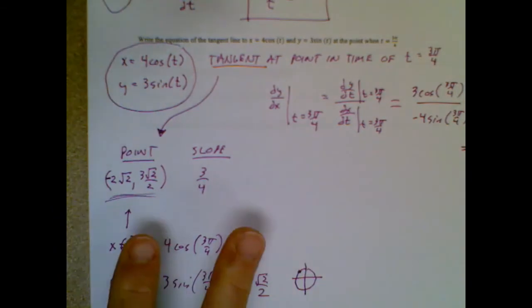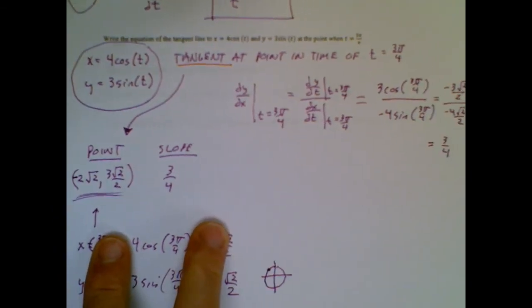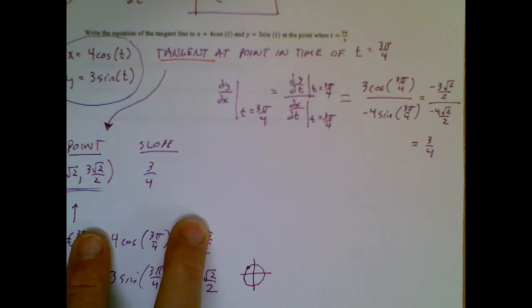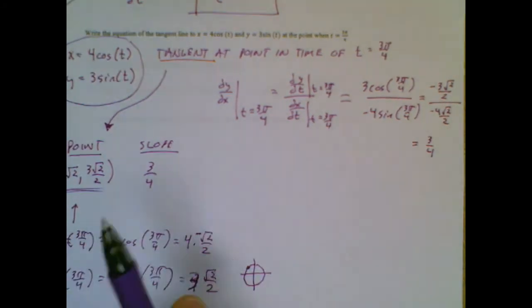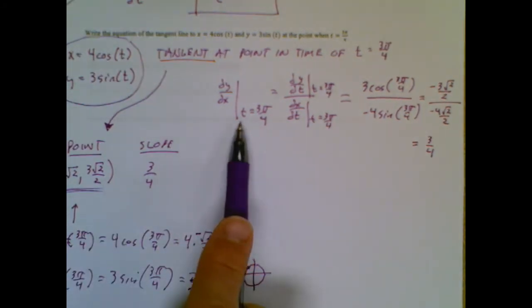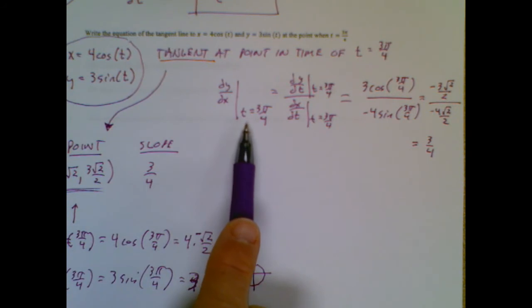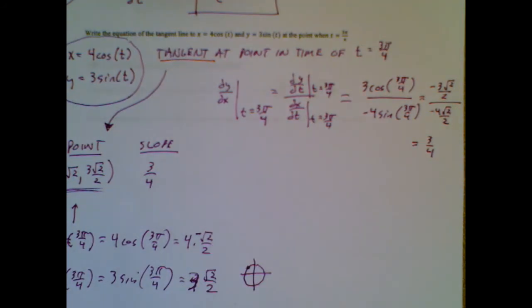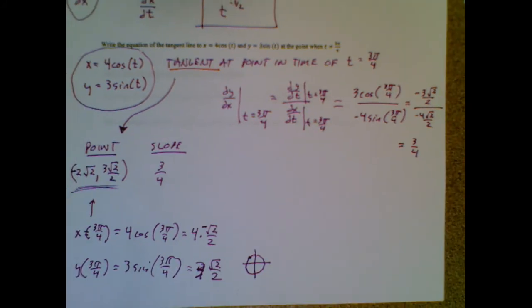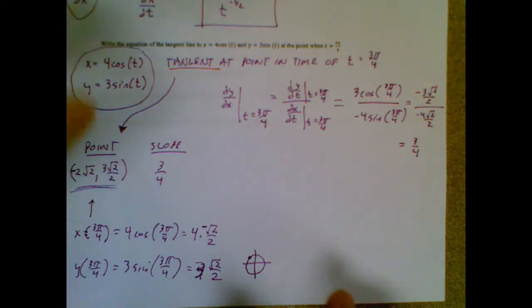Okay, so I'm back. You still have this lousy focus issue. I apologize. So I'm trying to find the slope at 3 pi over 4 because I already have the point. And what you're going to find out is finding slopes in parametric equations can get quite tedious.